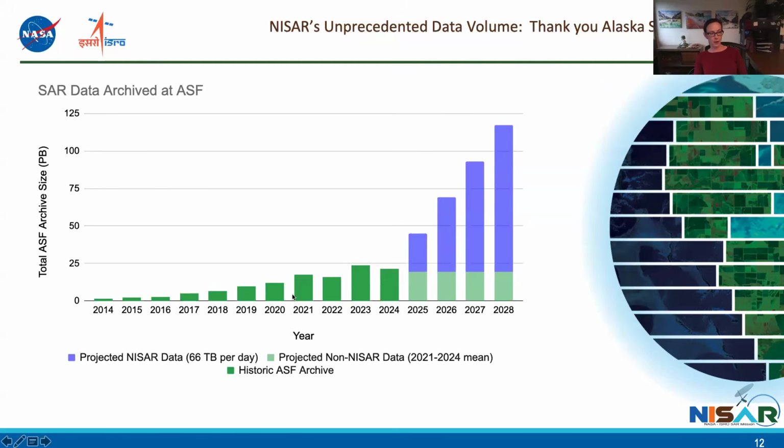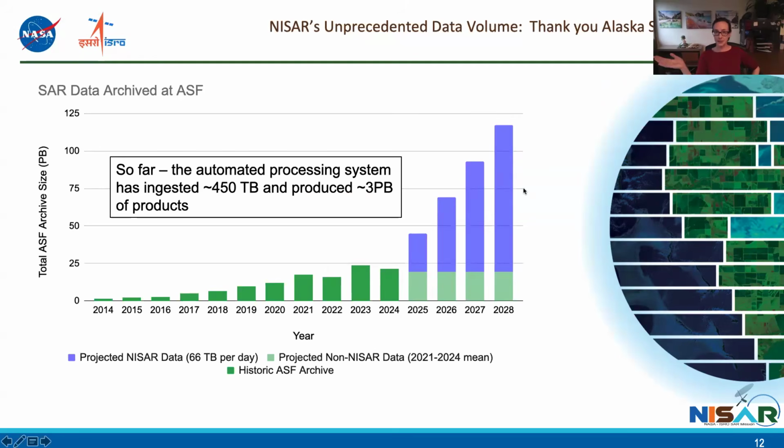You can see these green bars are progressively getting bigger as data from the various missions that have been up there have come in. The blue bars are NISAR. So it's going to be a huge amount of data coming in. It's already been a large amount of data. So far, just the processing system, which has been going through the paces and getting tested over the past month or two, has pulled in 450 terabytes of data, and it's made 3 petabytes of products.